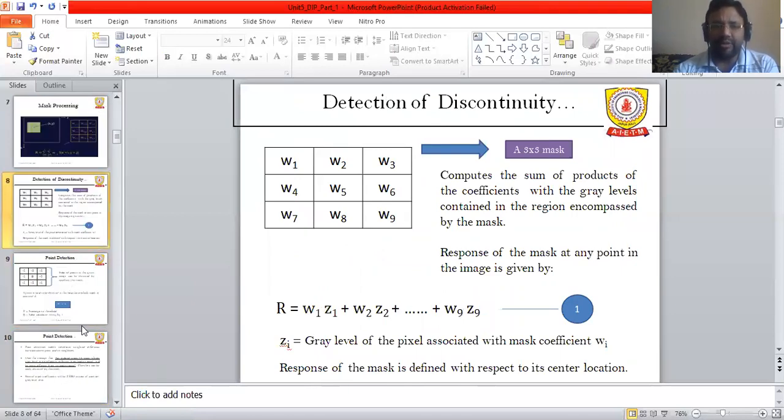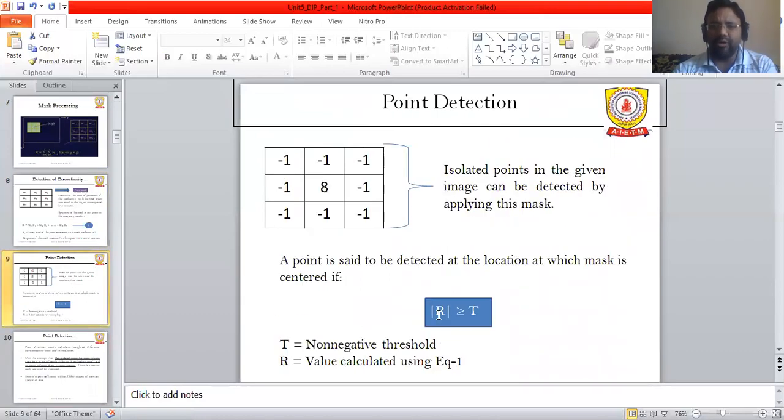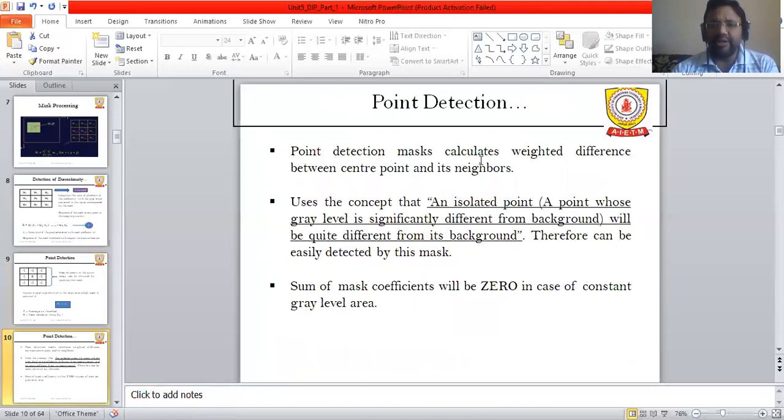If this response capital R, taking the modulus, is greater than or equal to capital T, which is a non-negative threshold, then we say that a point at location x, y is detected. T is user defined. The user can define the value of the threshold, which is non-negative. Now the point detection mask calculates the weighted difference between the center point and its neighbors.